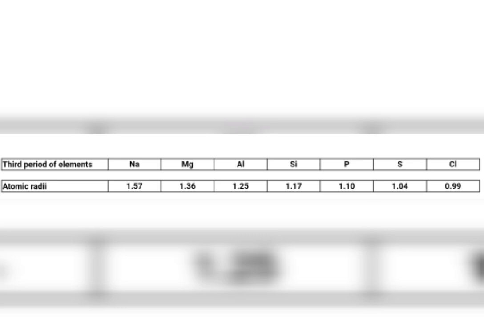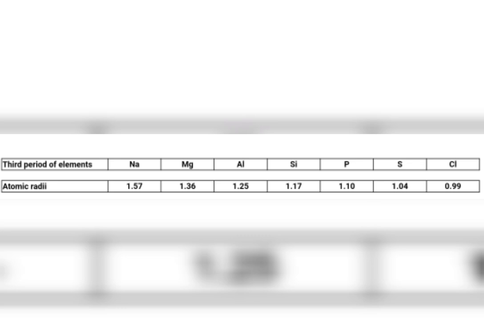Atomic radius of silicon is 1.17. Atomic radius of phosphorus is 1.10. Atomic radius of sulfur is 1.04. Atomic radius of chlorine is 0.99 angstrom.